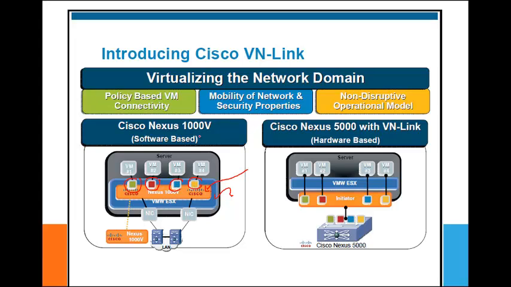So 1000V, the software based one, becomes a part of ESXi because this is also software. We can see that 1000V inside ESXi, this blue border. Whereas if you see here, ESXi is separate and the initiator that is created with the help of the 5000 is separate.